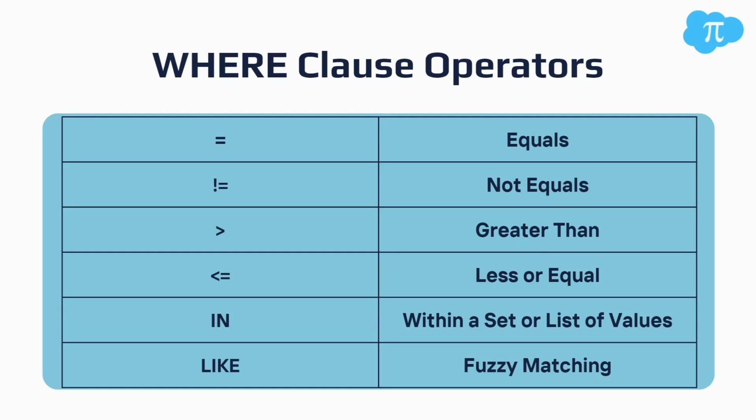Say if you want to find a particular project of which the name is in the list, you will define IN, then a circular bracket, and in it there will be comma separated values. And we have seen this LIKE operator also, which uses fuzzy matching logic.